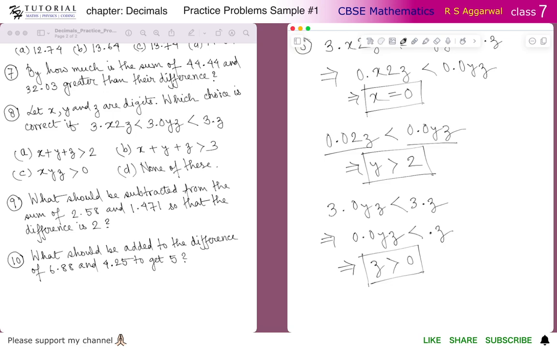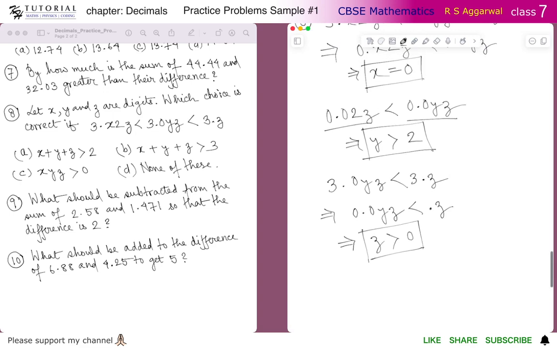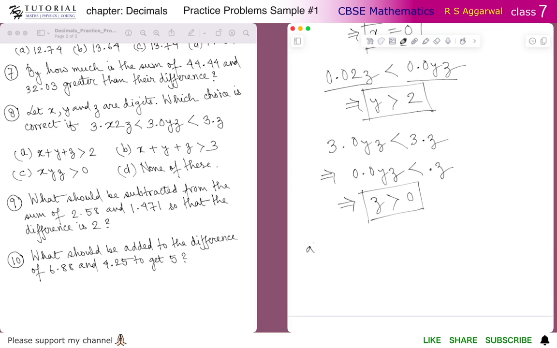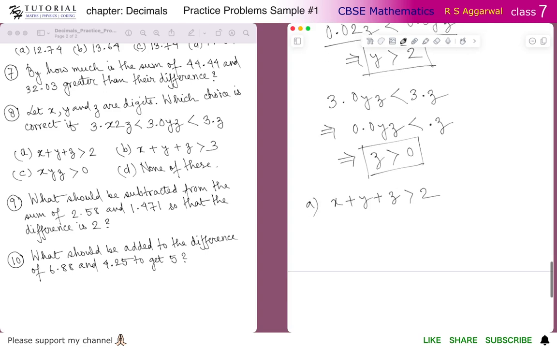Option A says x plus y plus z is greater than 2. Since we have found that x is 0, it doesn't matter.